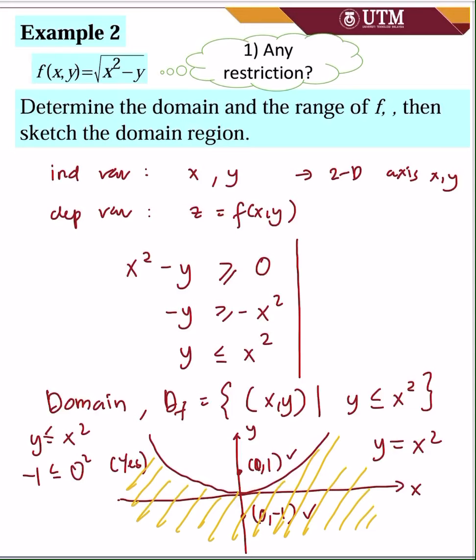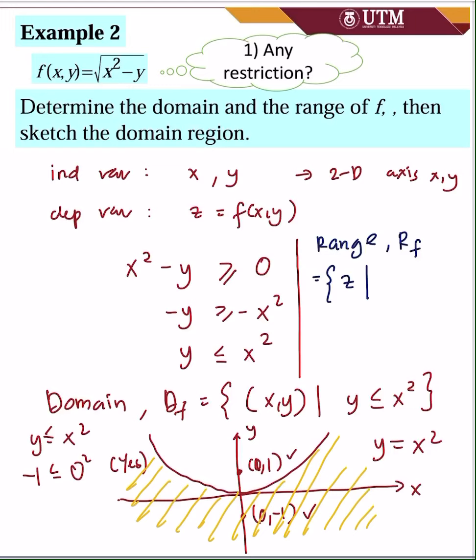How about the range? How do we want to think about the range? The range we can define as R. What is the variable? It is Z, such that, for this case, y is less than or equal to x squared.